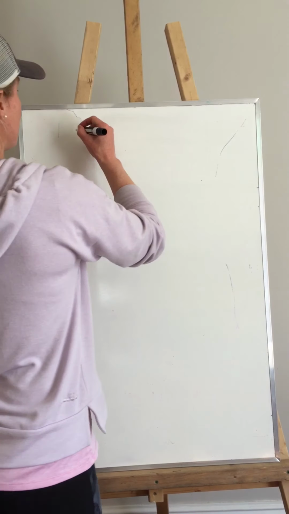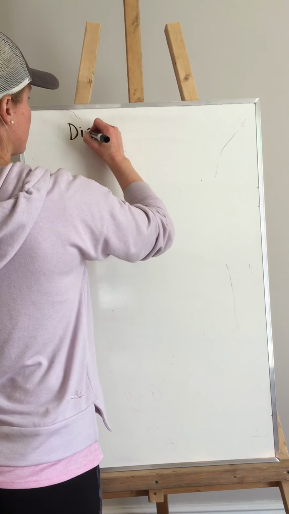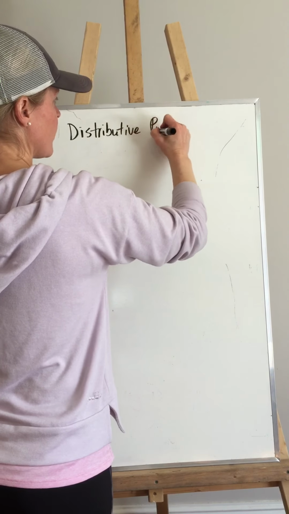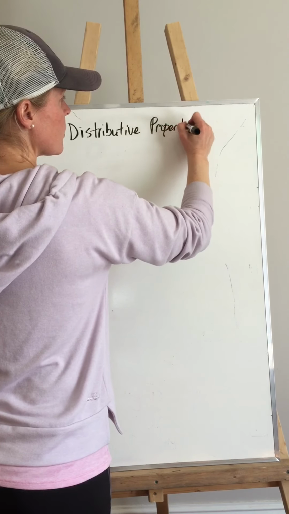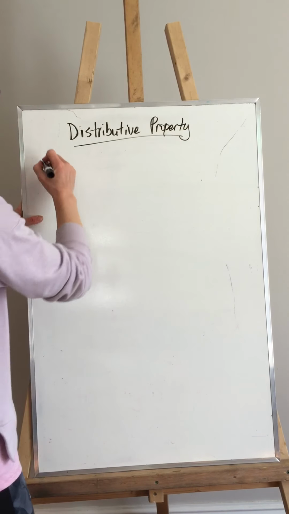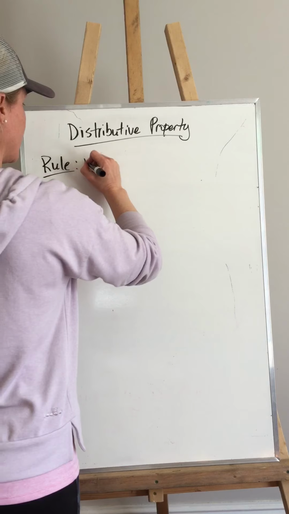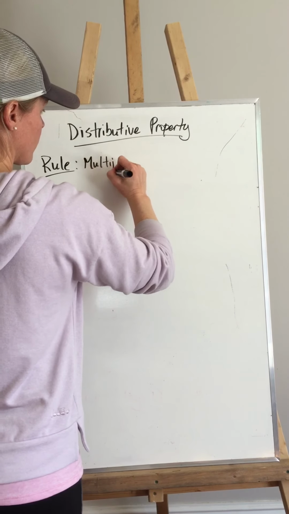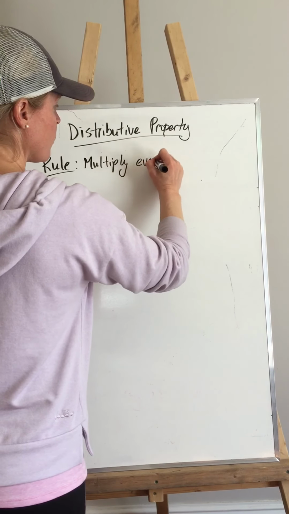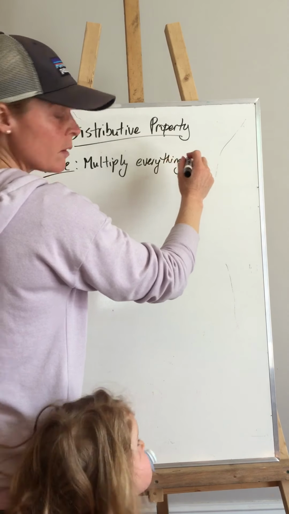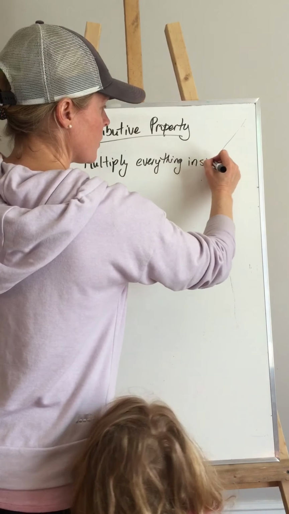Okay, sorry. Distributive property. Distributive property. Okay, the rule. You will multiply everything inside the brackets.